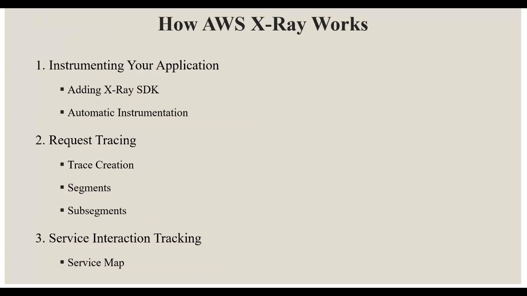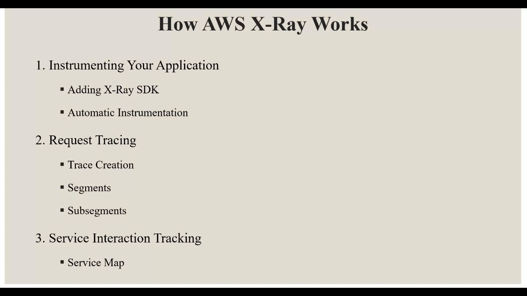Instrumenting your application. AWS X-Ray works by collecting trace data from your applications and visualizing it to provide insights into the performance and behavior of your applications. You can instrument your application in two ways: adding the X-Ray software development kit, or automatic instrumentation. With the X-Ray SDK, you need to instrument your application code.